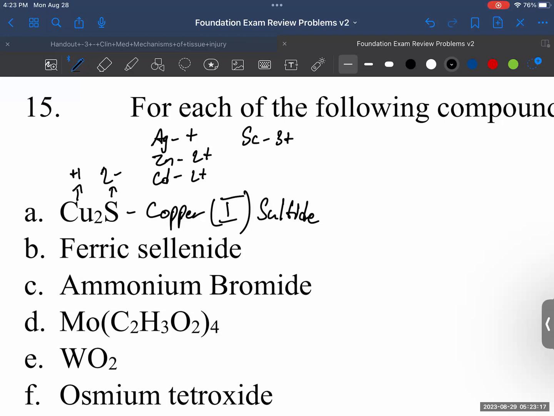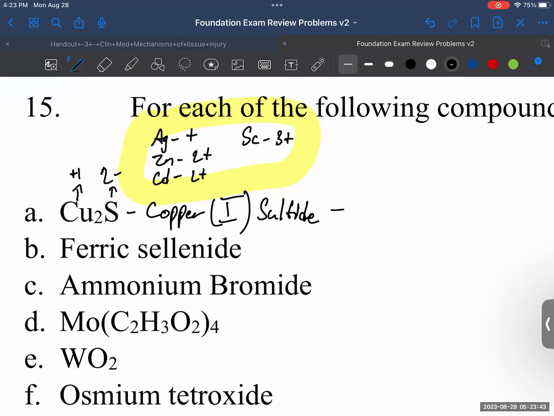In fact, if you do include Roman numerals, we're required to take like 10 points off for each Roman numeral you put. It's important to know that in this class, we like to test you on the exceptions. So if it's a naming multiple choice question, you're most likely going to see something with scandium, zinc, cadmium, or silver. And it'll give you multiple choice options, right?